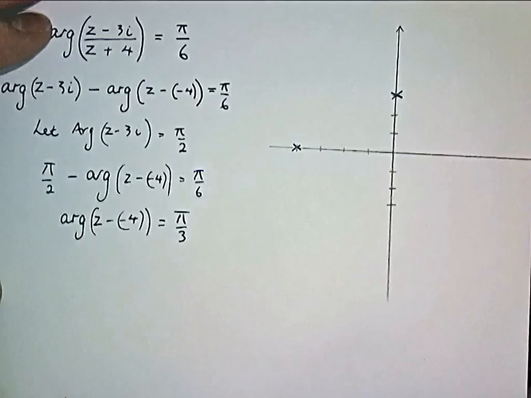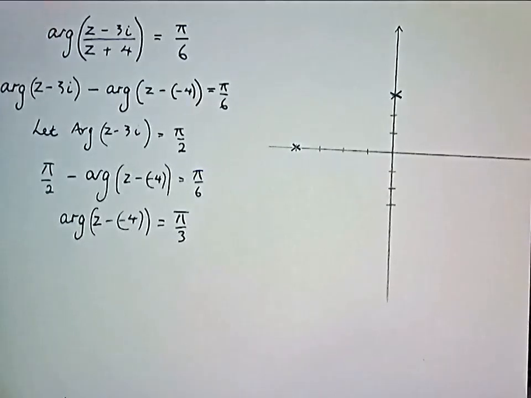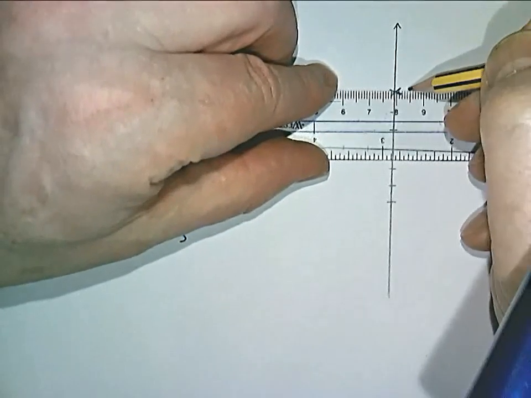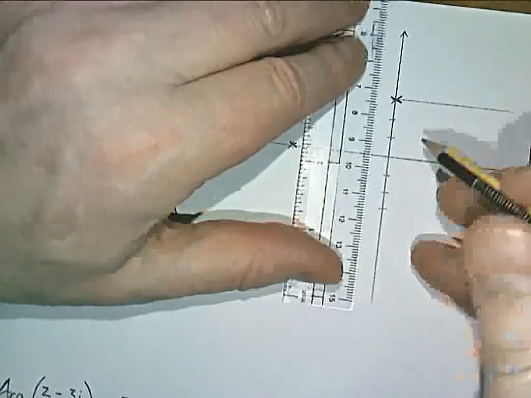So let's draw in this argument. The initial line from here would be there, and pi over 2 is going to be going straight upwards.